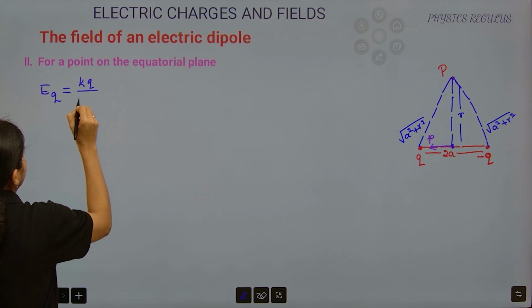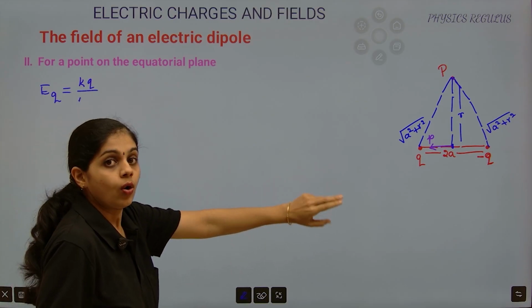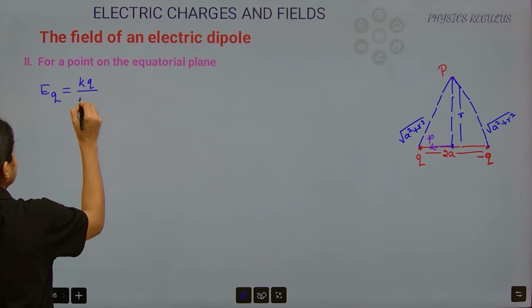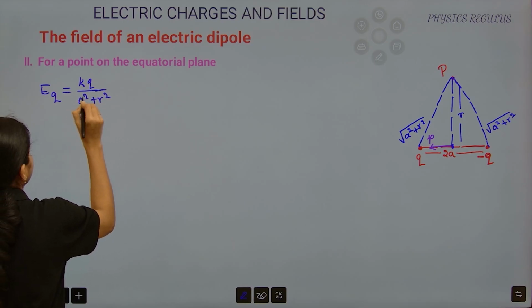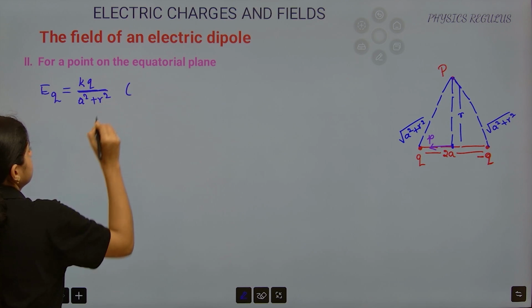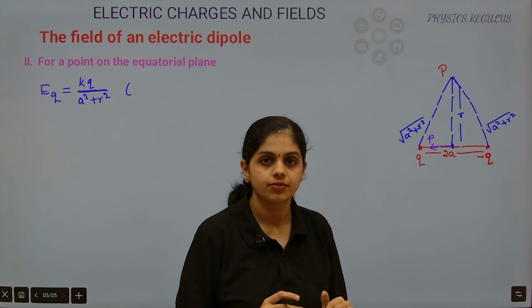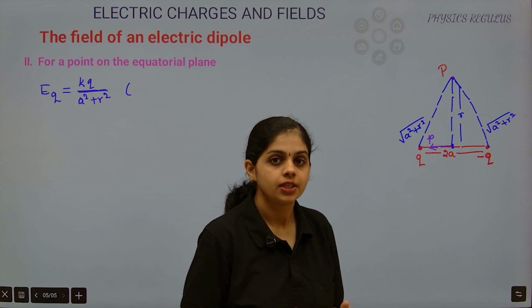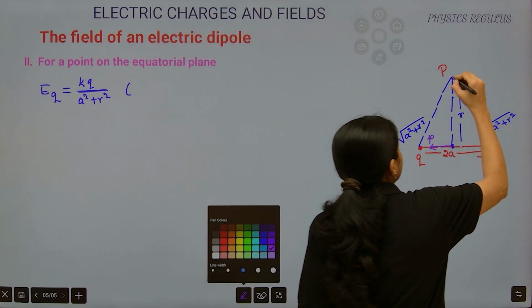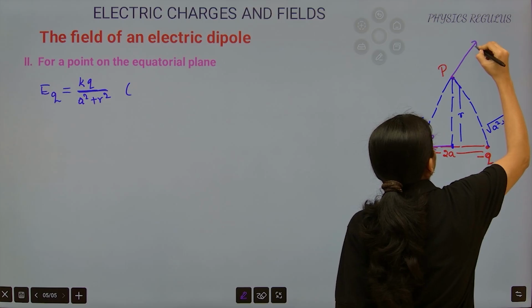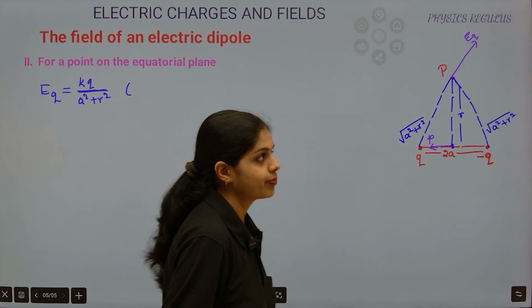So Kq by (root of a square plus r square) whole square, which gives a square plus r square in the denominator. What is the direction of the electric field? For a positive charge, the direction of electric field is outward, that is away from the charge. Hence, you will get the direction of E_Q like this, that is upward direction.